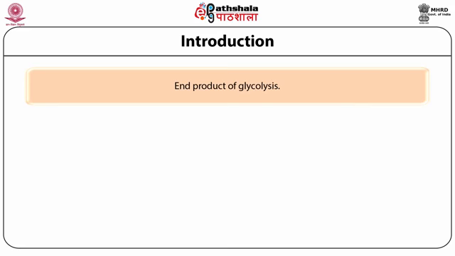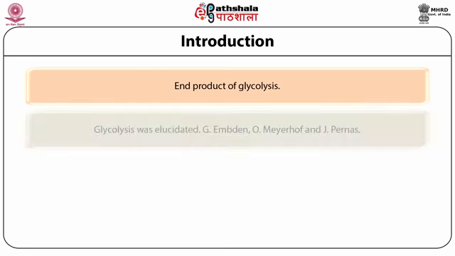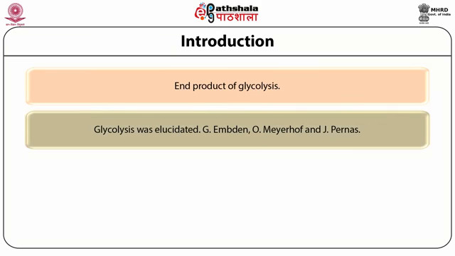In the latter half of the 19th century, a complete map of glycolysis was elucidated. Embden, Meyerhof, and Parnas were the pioneers in the work, and hence the pathway is also known as the Embden-Meyerhof-Parnas pathway.